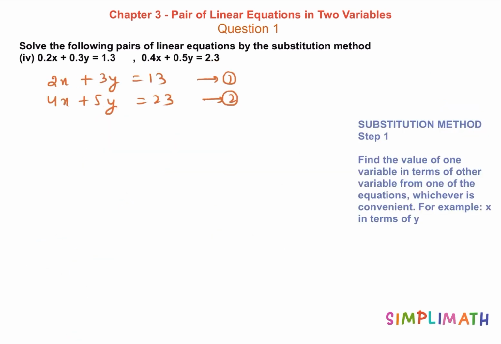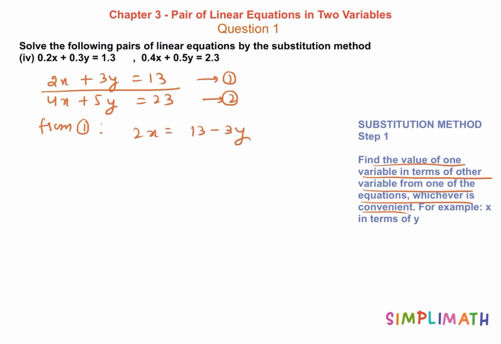Now coming to solving the pair of linear equations, we find the value of one variable in terms of another variable from whichever equation is convenient to us. So from equation 1, we can say that 2x equals 13 minus 3y and x equals (13 minus 3y) by 2. Let this be equation 3.